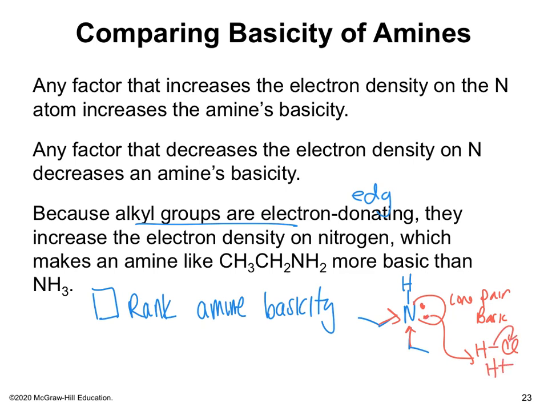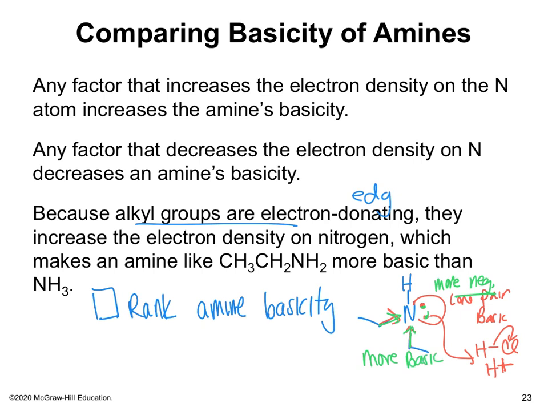We know that negative is attracted to positive. So if we have electron donating groups, then we're going to make this lone pair more negative. And when you make that more negative, then it's going to be more basic.